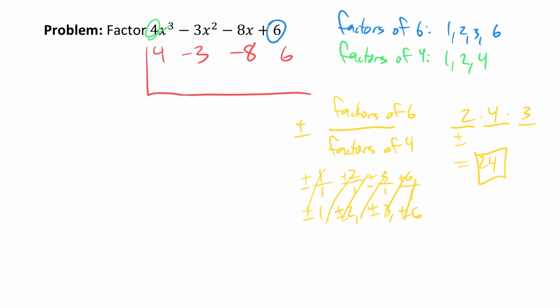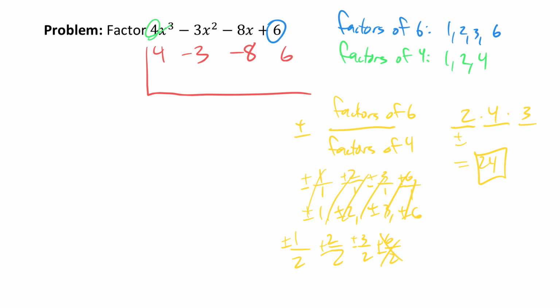Again, you take the factors of 6, so 1, and maybe we'll put it over 2 this time. So 1 over 2, 2 over 2, 3 over 2, and 6 over 2. Now, the nice thing is that 6 over 2 is actually 3, and that means we can cross it off because we've already tried the whole numbers, and I'm telling you they don't work.